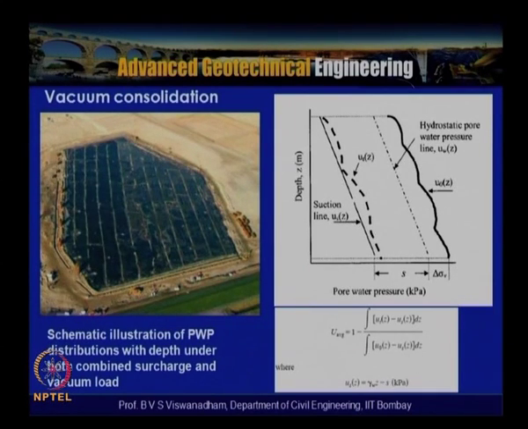So here this shows the type of pore water pressure changes for a soil. What will happen is that initially, if this is the hydrostatic pressure at the site, then once the suction is induced, the suction will initially be large, and then slowly that suction will get transferred into an increase in the effective stress.